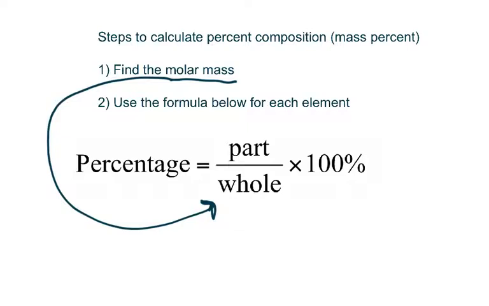Once you find the molar mass, that is considered the whole. The part is the mass of each individual element over the total, which is the whole, times 100.